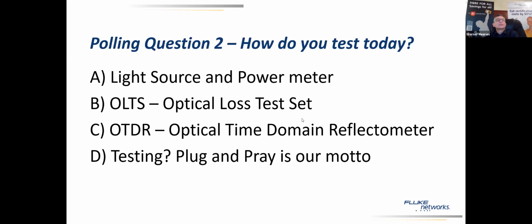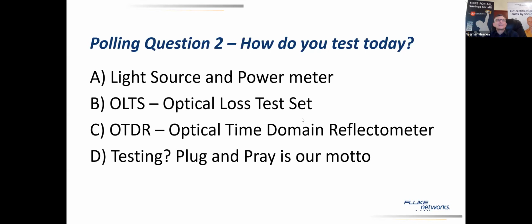People could ask, what is the difference between a light source power meter and an optical loss test set? I think Weil is on the list to discuss that in a full 1 hour webinar. But in short, you can have just one light source on one side and a power meter on the other side. So you inject light and measure what's coming out.